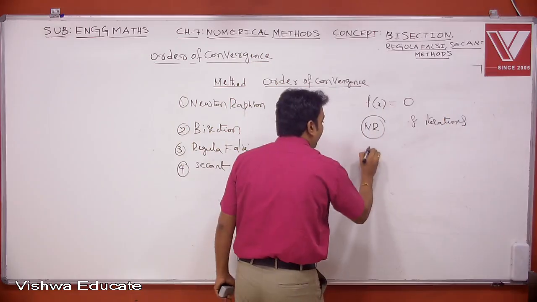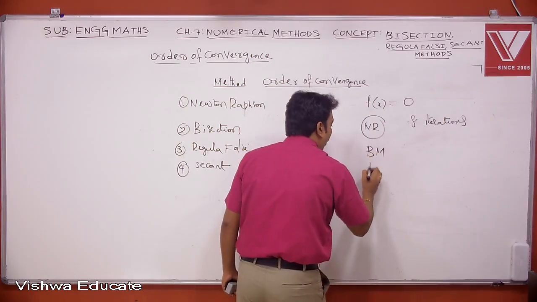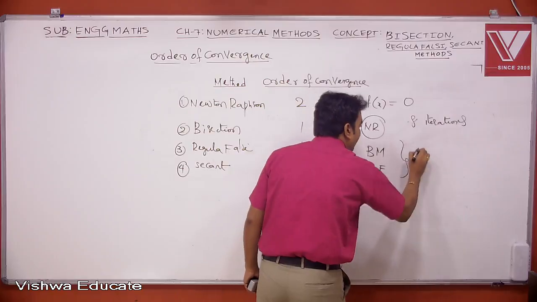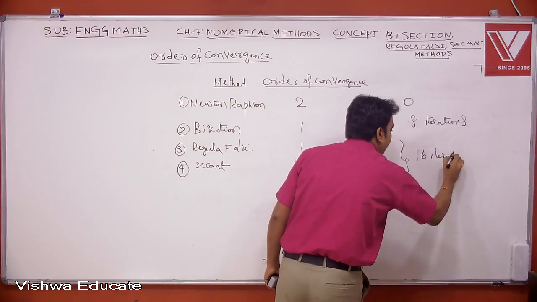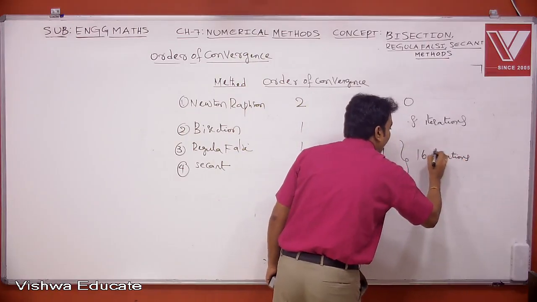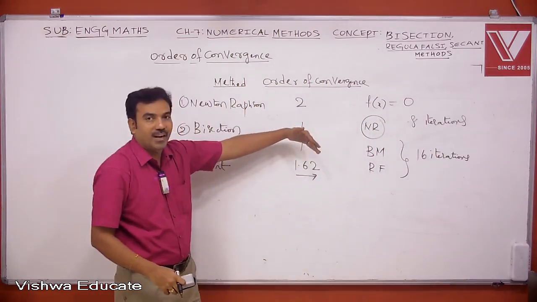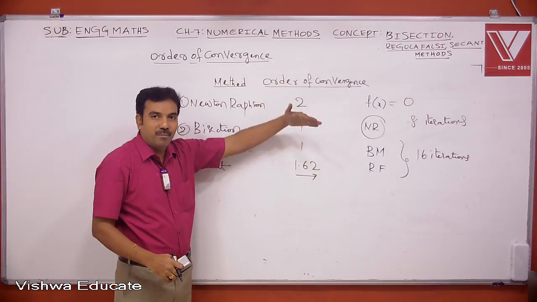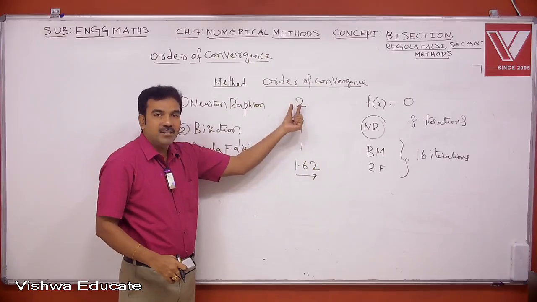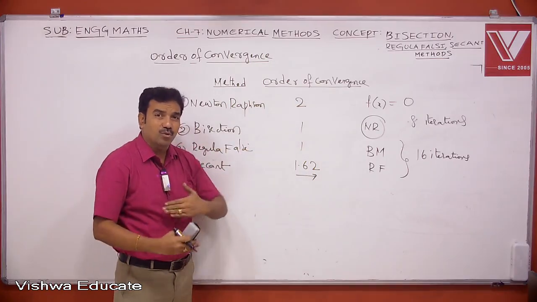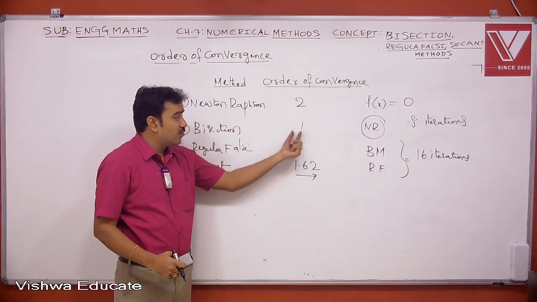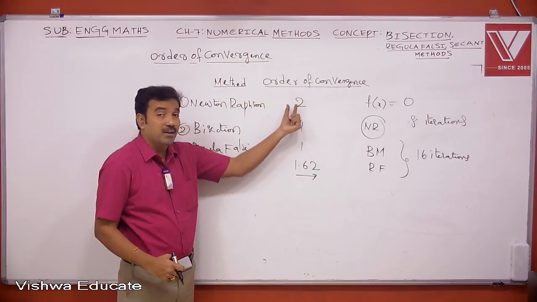In that case, if you apply either bisection method or regula falsi method, you get convergence in 16 iterations. Here the number of iterations is more when compared to Newton-Raphson method, so its performance is less. Newton-Raphson has the highest speed, so the growth rate is very fast. But here the growth rate is 50% less when compared to these two methods.